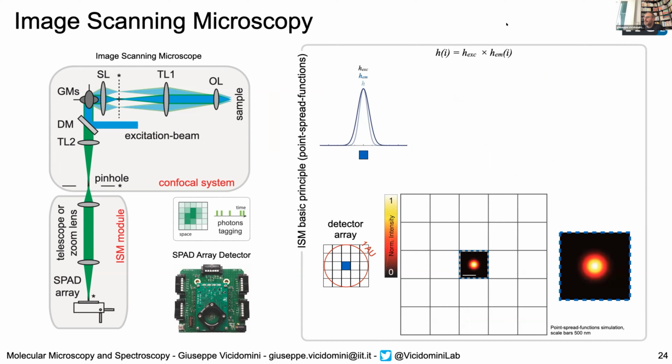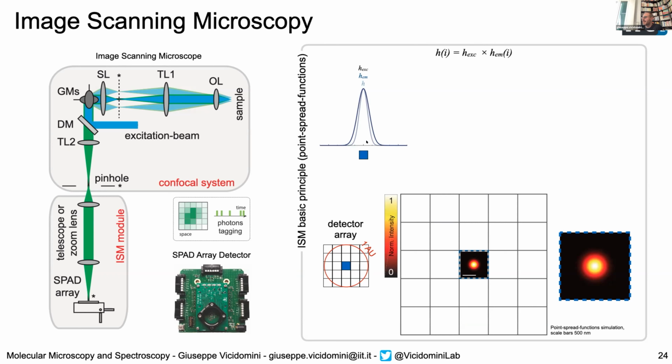In a confocal microscope, the point spread function can be calculated by the multiplication of what is called the illumination point spread function, the diffraction limited spot, multiplied by the emission point spread function, the diffraction limited spot in emission.